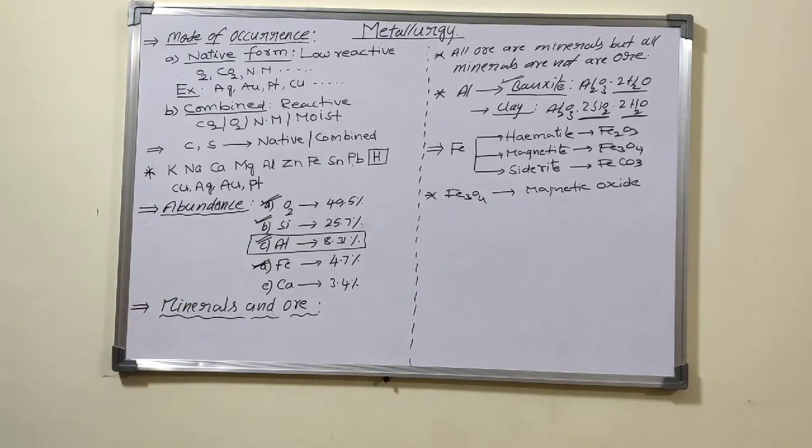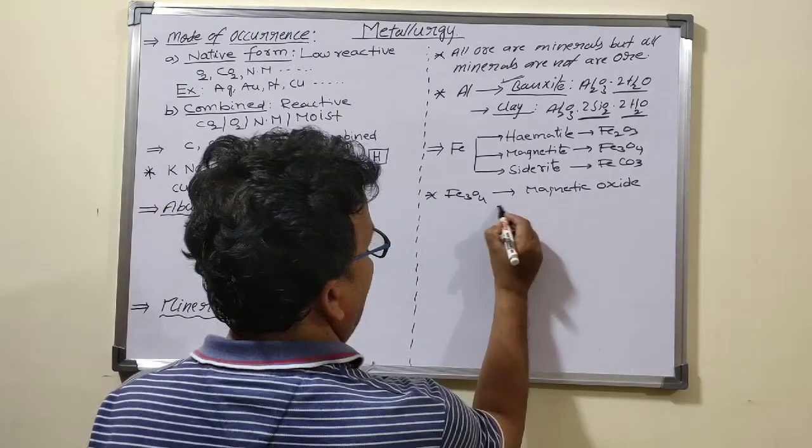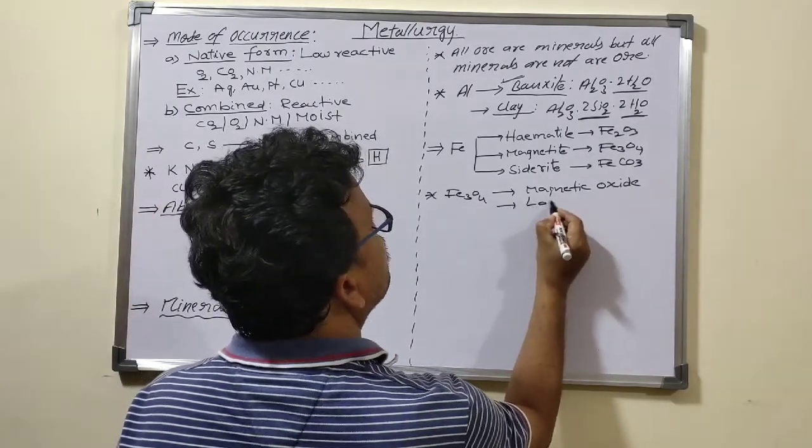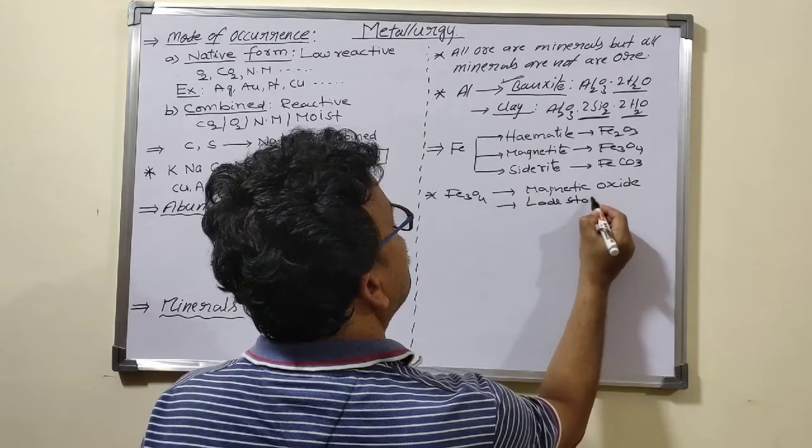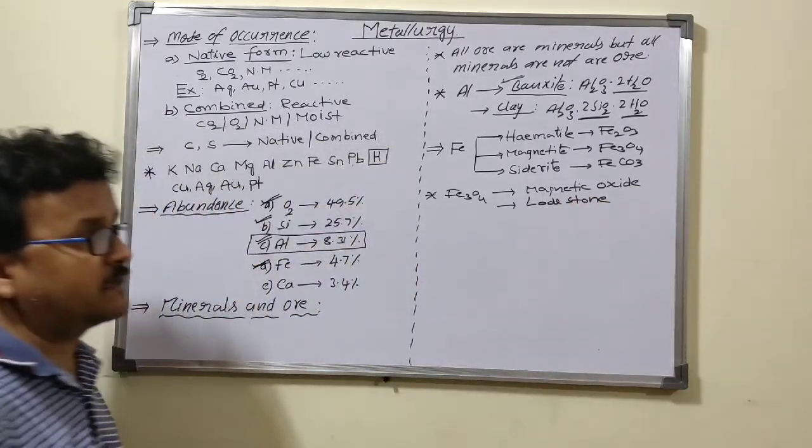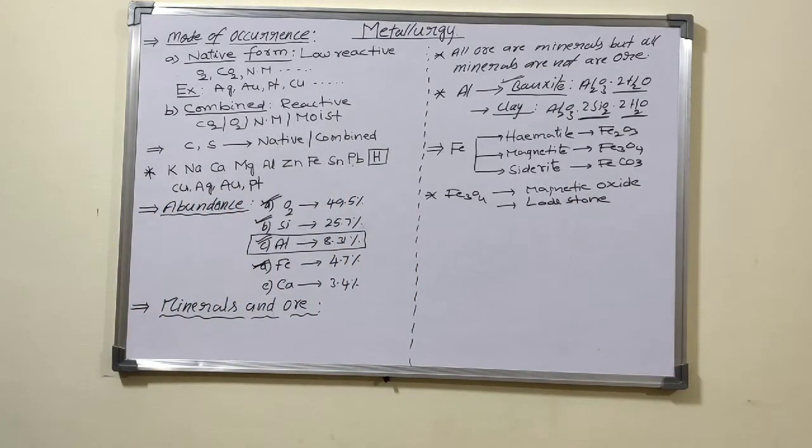Why it is called magnetic oxide: it is a ferrimagnetic substance. That's why we are calling it magnetic oxide. Or another name we have, that is lodestone. Remember this. Magnetite is well known as magnetic oxide or lodestone.